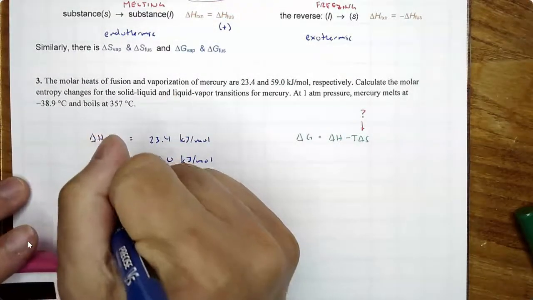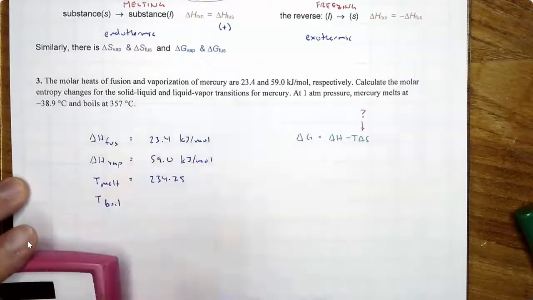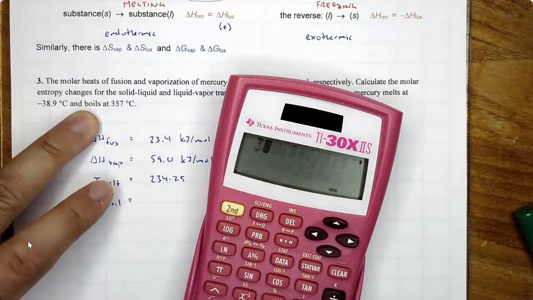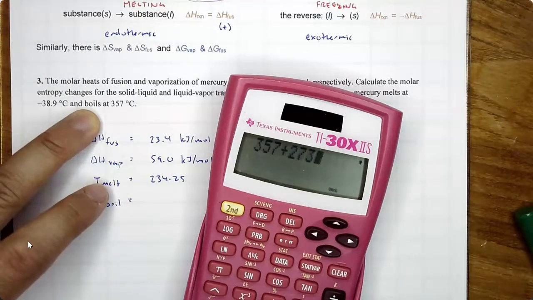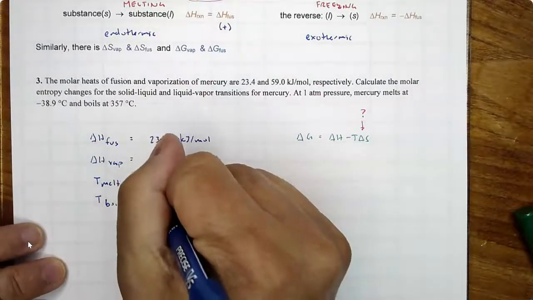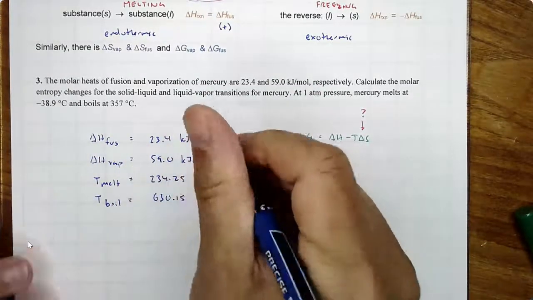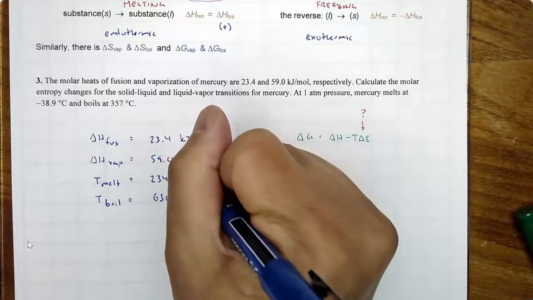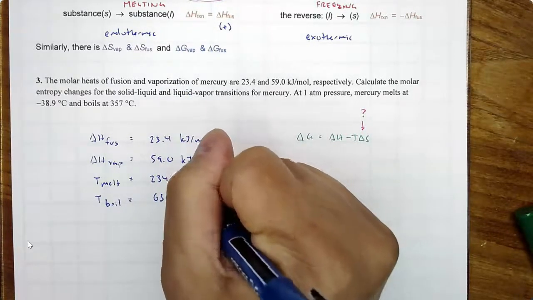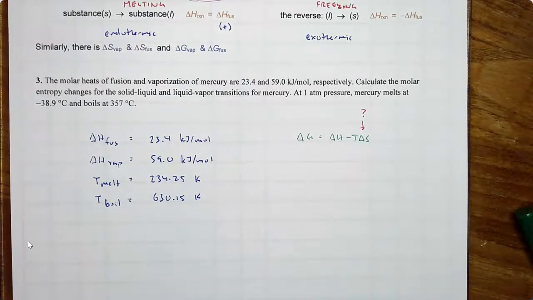The T of boiling, the boiling point, oh, it's pretty high. 357 plus 273.15, 630.15. There is a question like this, I believe, on the practice problem. See if you could use the same strategy.